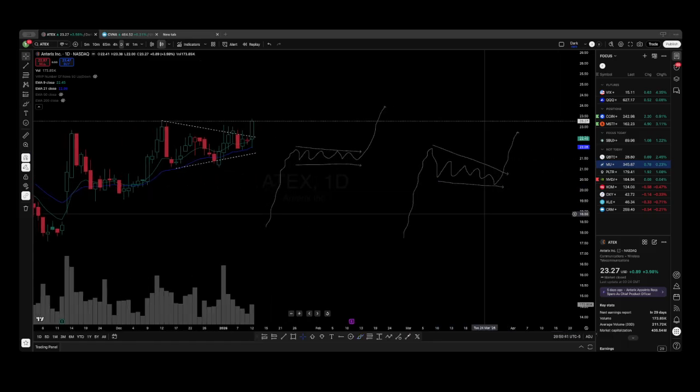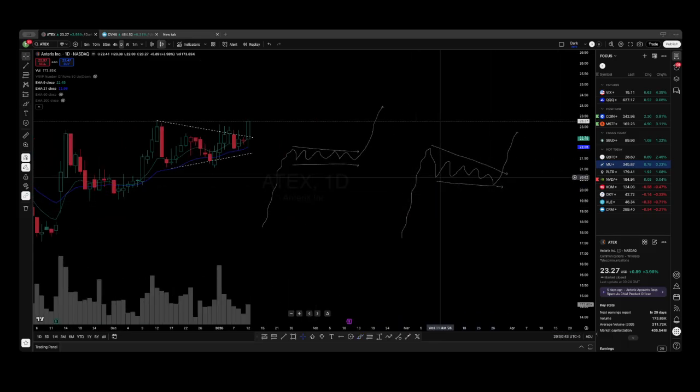The reason for that is because this one here on the right has more room and it gives you a better entry, because price pulled back more. This one, although it has not pulled back as much, could potentially have a slightly higher chance of having a failed breakout.